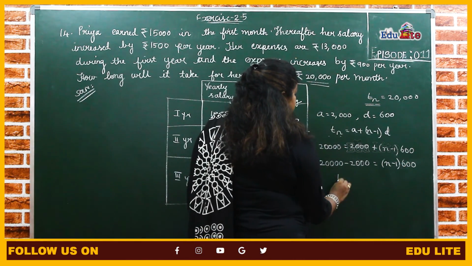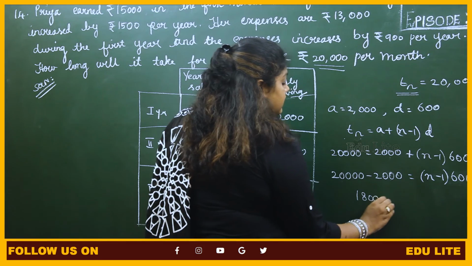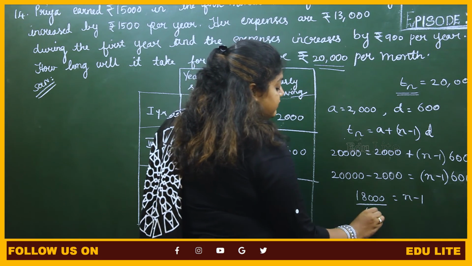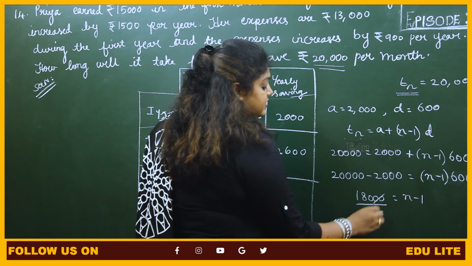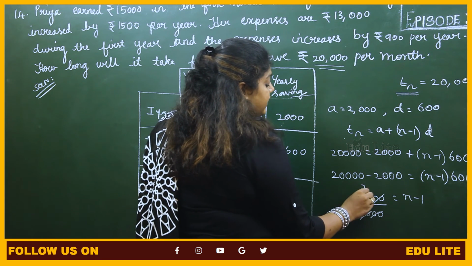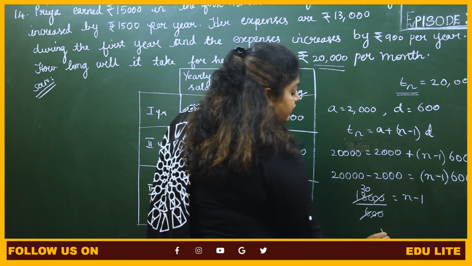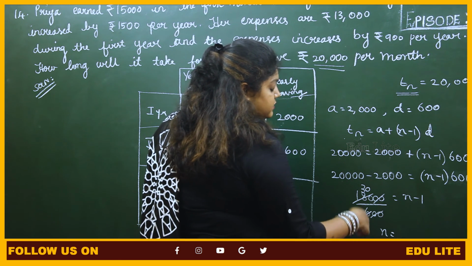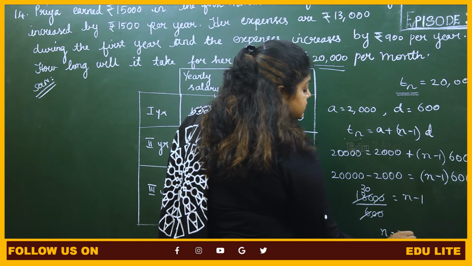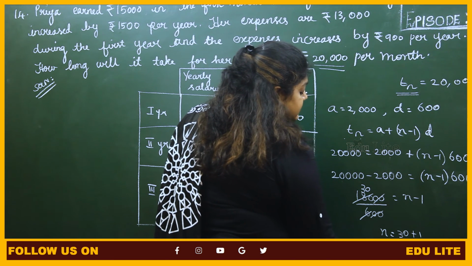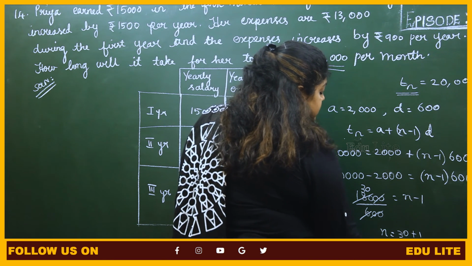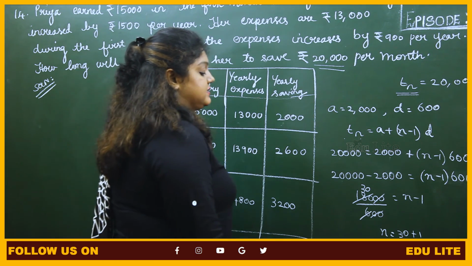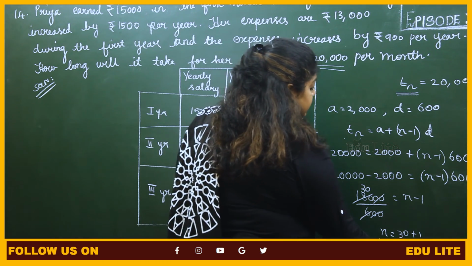Bringing 600 to the denominator, the zeros get cancelled, and 180 divided by 6 is 30. Therefore, taking the minus 1 to the other side, n equals 30 plus 1, n equals 31 years. So, she saves 20,000 in 31 years. Therefore, the n value is 31.